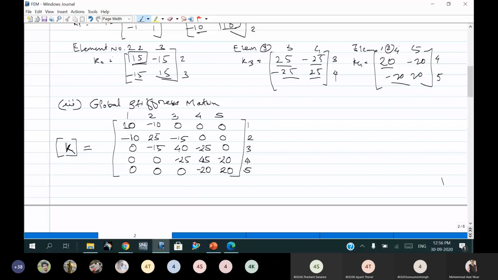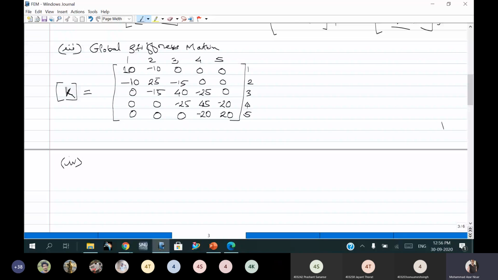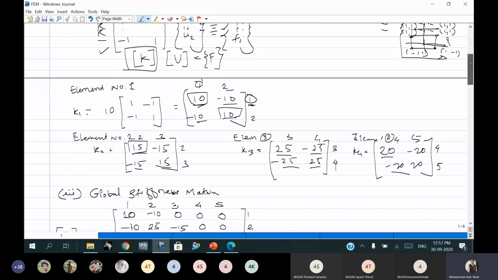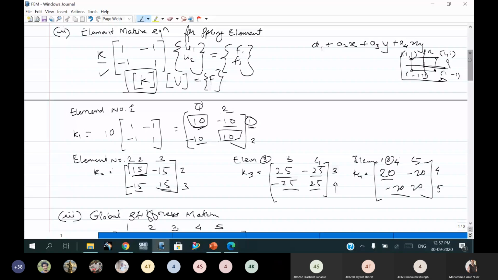Now, after finding this, the fourth step is imposing or applying the boundary conditions. So what are the boundary conditions? They are nothing but the reaction forces at nodes number 1 and 5, and for the intermediate nodes, F2, F3 and F4 are the forces acting on those nodes.